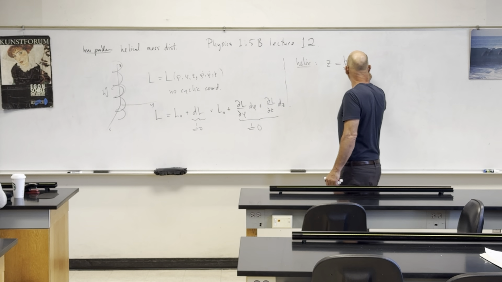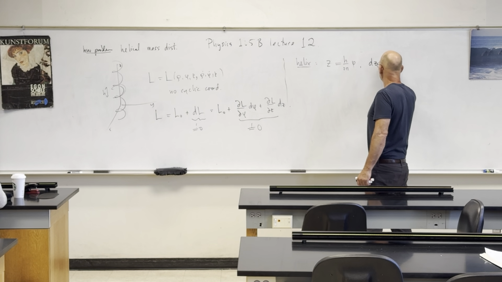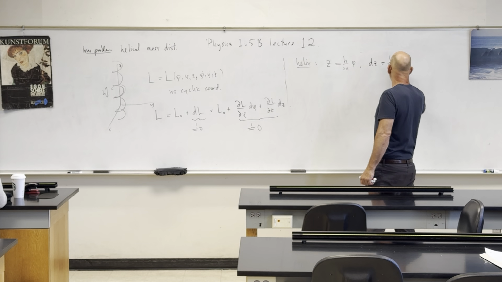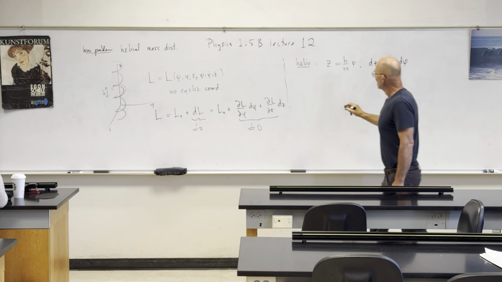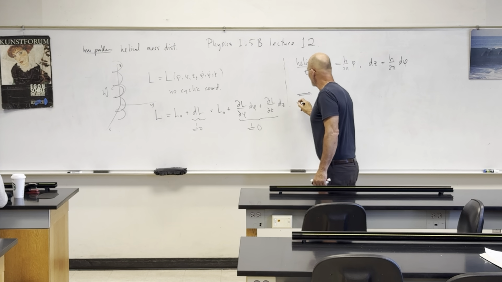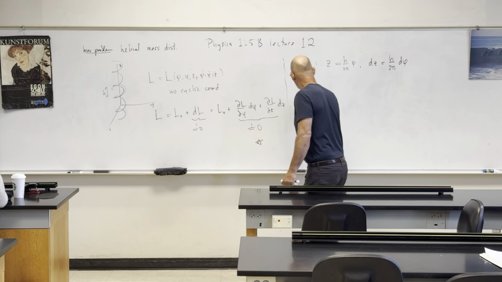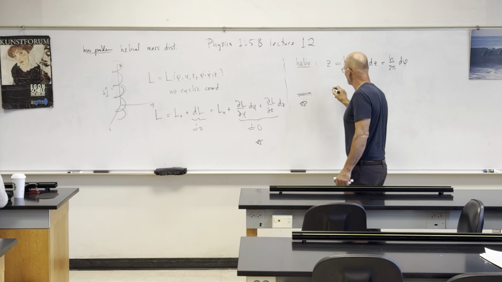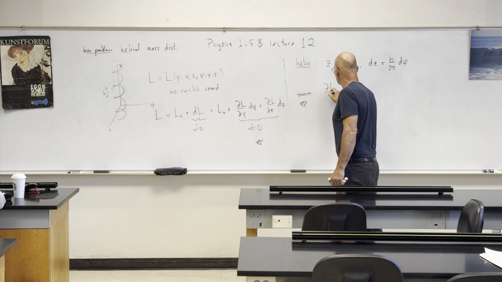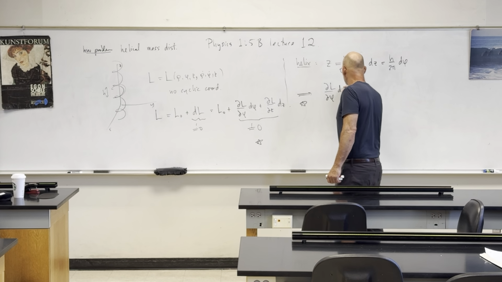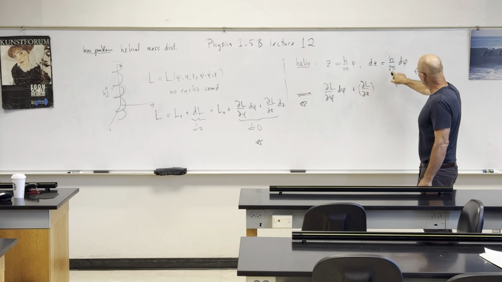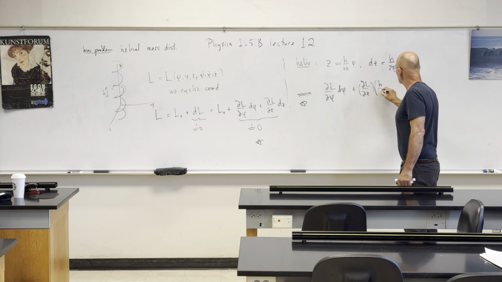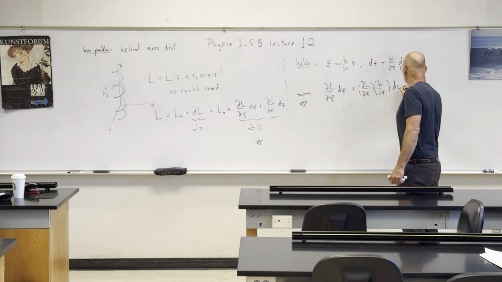And therefore, dz is equal to h over 2 pi times d phi. So now, for this thing here, what we're requiring is that ∂L/∂phi times d phi plus ∂L/∂z, now my dz is going to be times h over 2 pi d phi, equals 0.